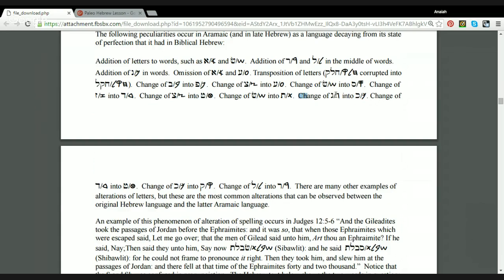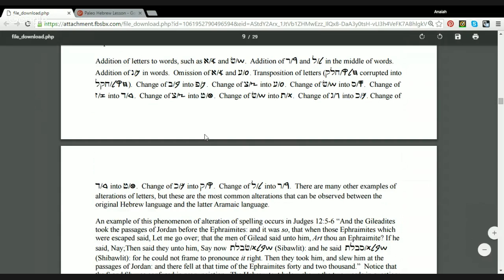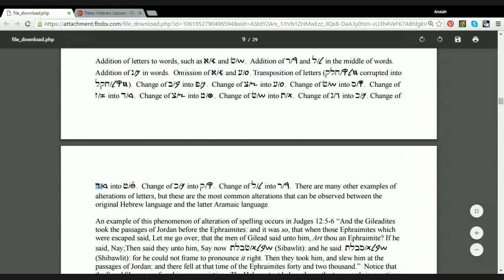Same thing here. G they started spelling with a K sometimes, and D they started spelling with a DH sound, like a th, and also a T. D and T sound very similar.